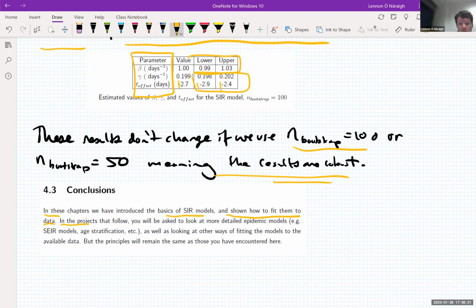Now, in the main projects that follow, if you do a project on epidemics, you'll be asked to look in a lot more detail at more complex epidemic models. For example, an SEIR model, or maybe a model with age stratification. And I'll also show you some other ways of fitting the models to the available data.